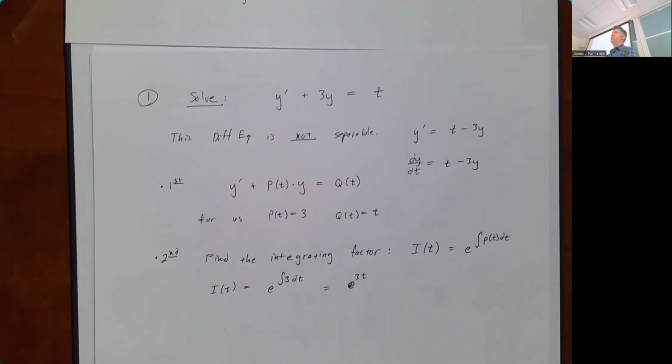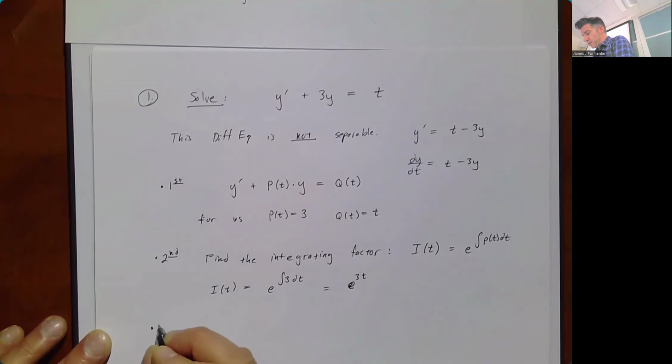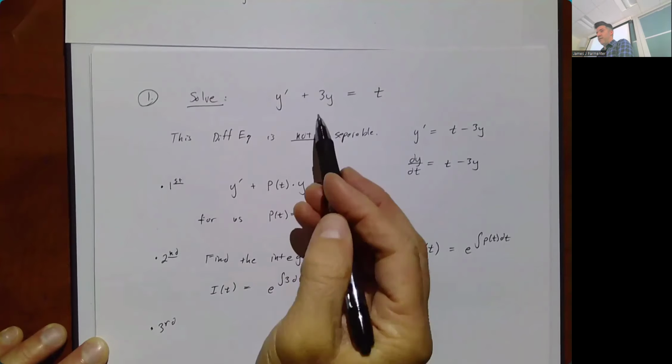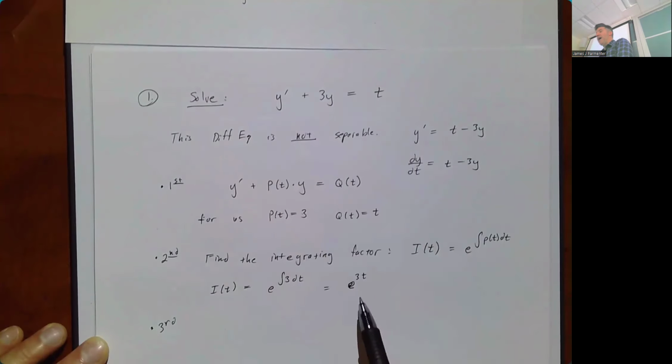Okay. And then I'm imagining, because I know Dr. Burke somewhat well, she's not just letting you jump to the end. She wants you to show the steps in between, probably, at least the first few times. So the next step is then to multiply both sides of the original equation by our integrating factor.